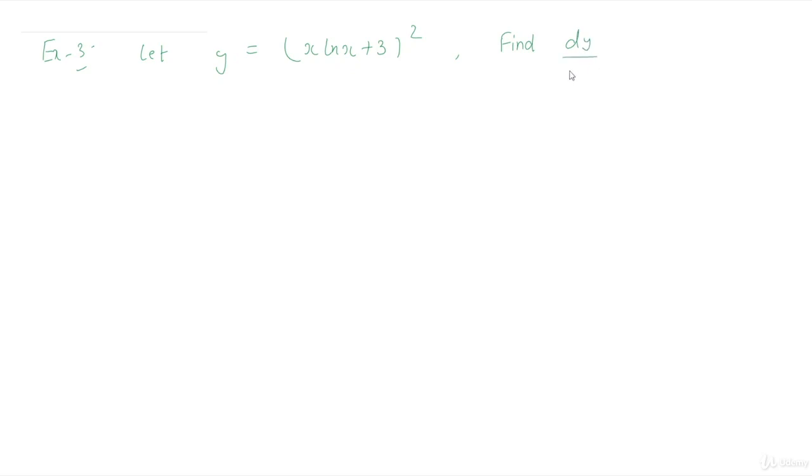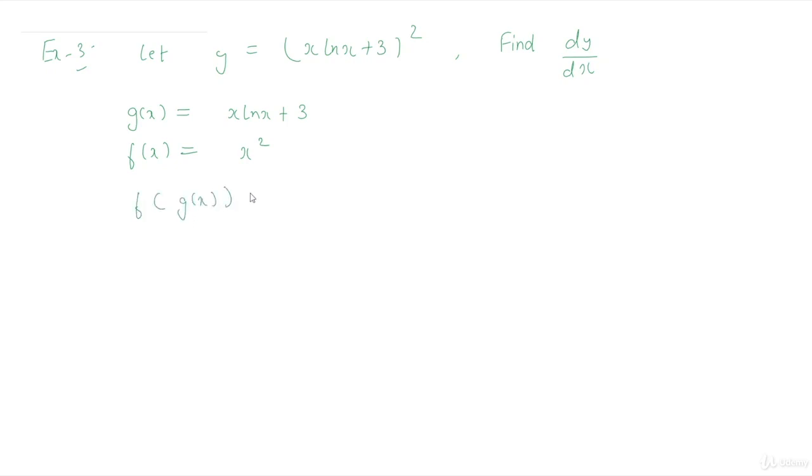Since this is also a composite function, we will first find the inner function. The inner function g of x will be this part, that is x ln x plus 3, and the outer function f of x is, if we fit this thing in x square, then we get our main function, that is f of g of x. So the outer function f of x will be equal to x square. And we verify this by replacing x with g of x in f of x.